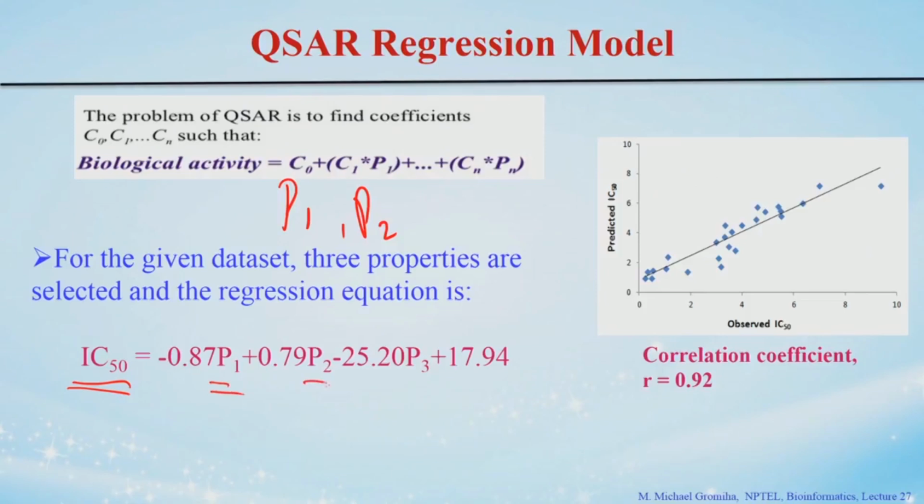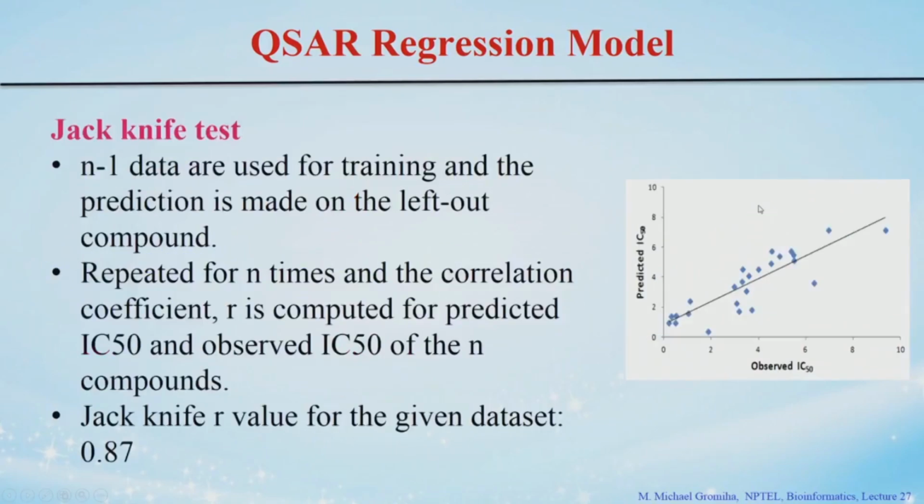Here I put P1, P2 and P3, three different properties, with some coefficients. If you see this equation, here are the observed and predicted IC50 values, and most of them are very near to the line, the trend line. Compared with the earlier one, we can improve very significantly when we combine a few properties.